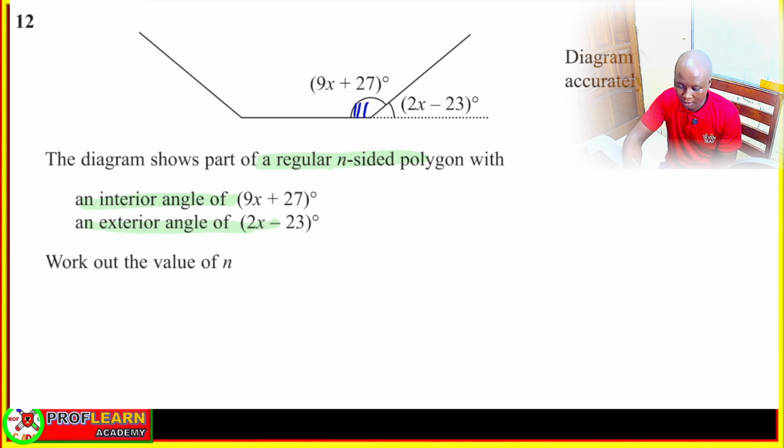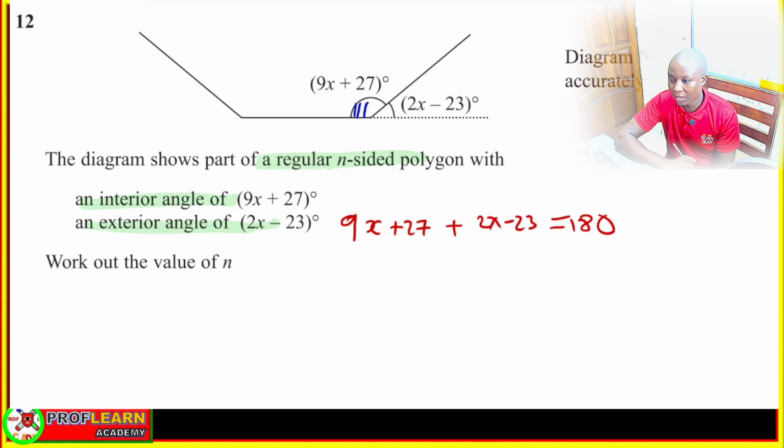They form a straight line. So we can say 9x plus 27 plus 2x minus 23 should be equal to 180 degrees. So we are going to have 11x plus 4 is equal to 180.